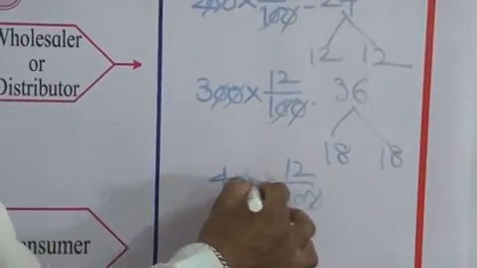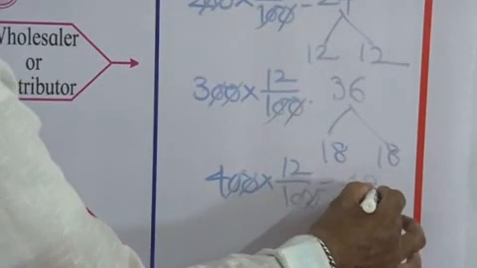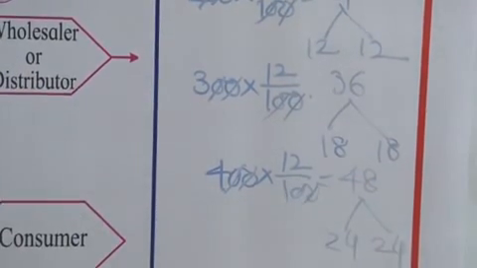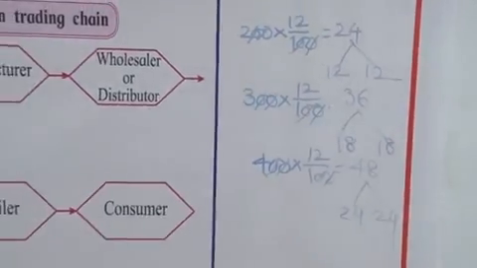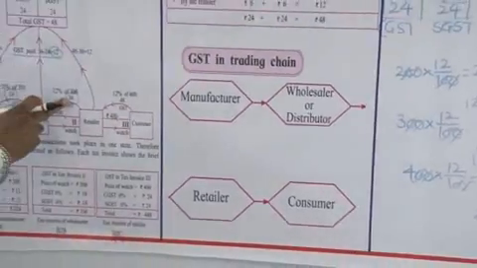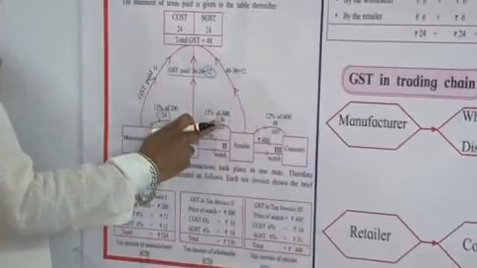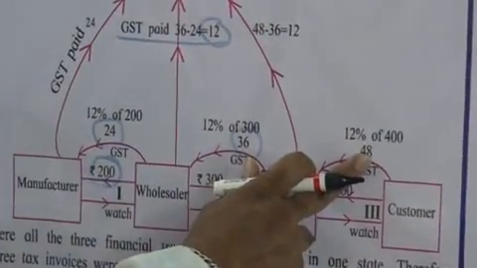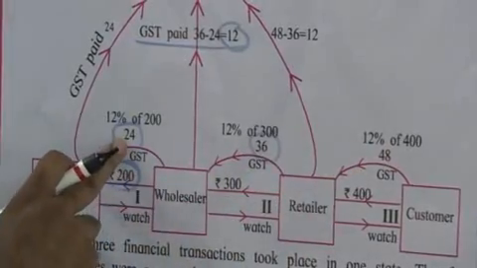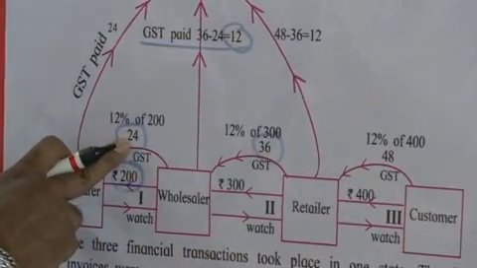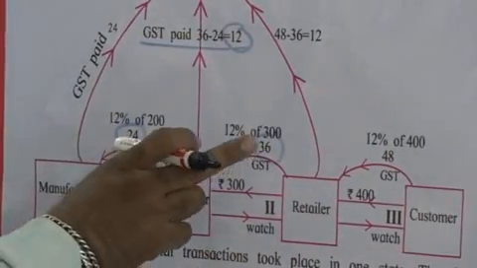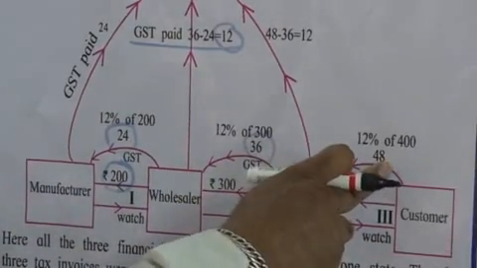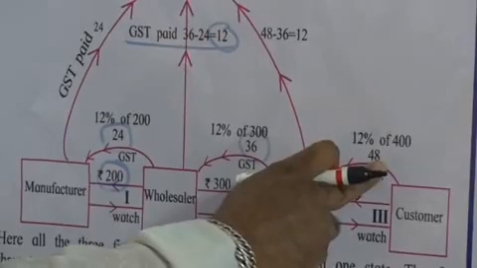Again 2 zeros get cancelled and it is 48 rupees GST, which will be divided into 24 CGST and 24 SGST. But 36 rupees is already paid. Now only 12 rupees we have to pay. Listen again. 24 rupees first transaction GST, 36 rupees second transaction GST, 48 rupees third transaction GST.